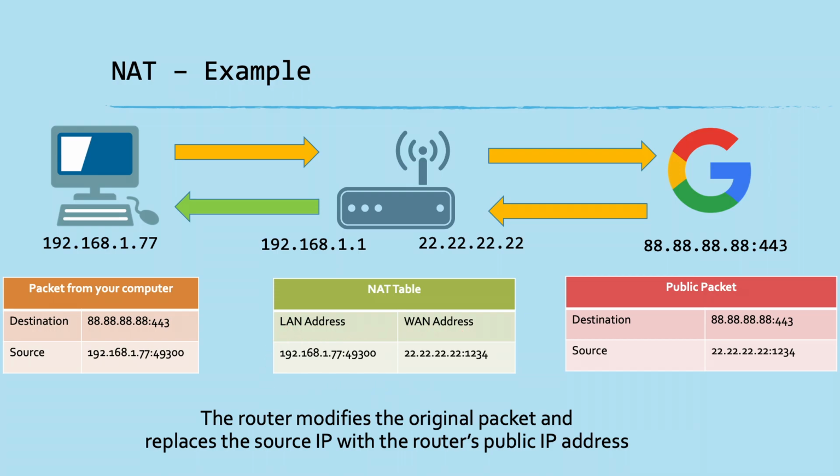In this case, the router is going to open up port 1234 for this NAT entry. And then it's going to send this packet to Google. It changes the source on the packet to be the public address of the router, so when Google gets the packet, the source is now the public address of the router.